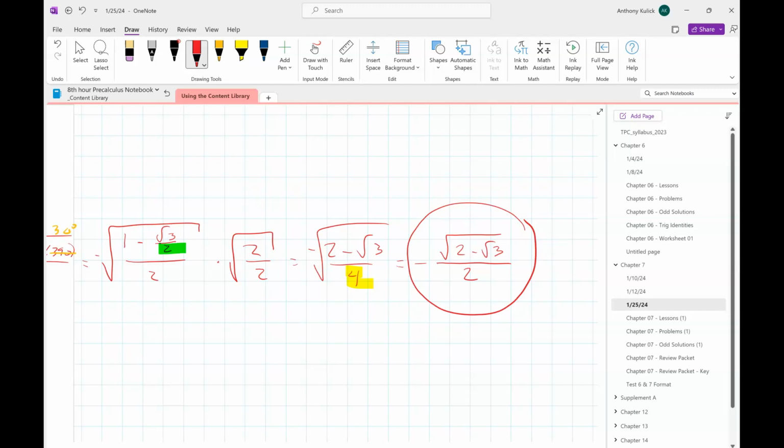And the one thing that we had talked about before is that you want to be careful about how you're drawing your square roots here, because as the person grading this, it needs to be really clear that on this step, the square root is over the entire fraction. And on this step, the square root's only in the top of the fraction. So I will be picky about that. If you're not being super neat, you may get dinged a point or something there because it's not clear to me whether you did that or not.